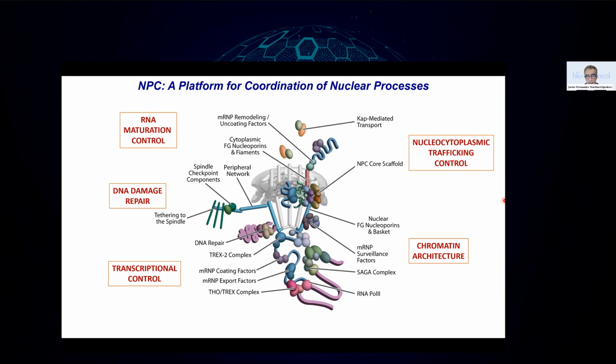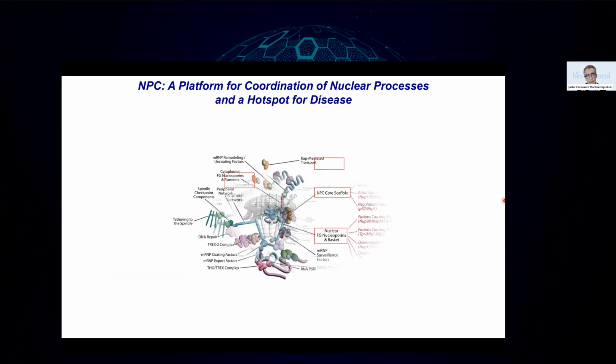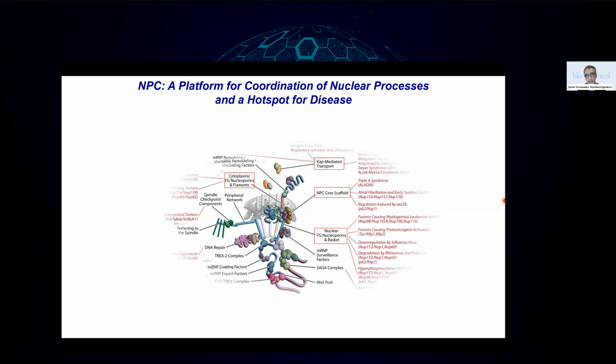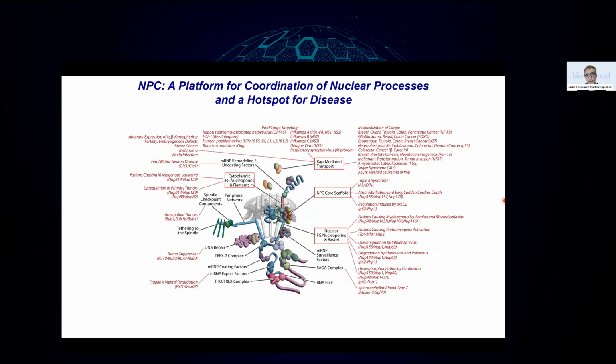Underscoring this regulatory role of the NPC is the fact that many mutations affecting components of the nuclear transfer machinery or components of the nuclear pore complex have been shown to be directly related to many human diseases, like, for example, several types of leukemias, cancers, and several neurodegenerative diseases.